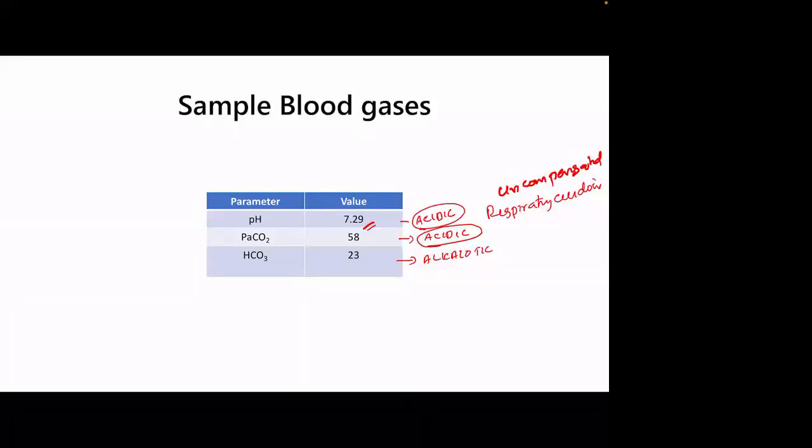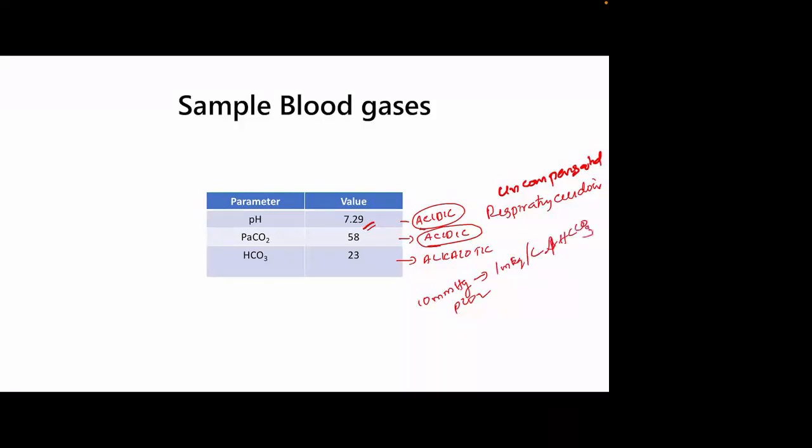So we can measure the compensation that has happened, because if it is an acute respiratory acidosis, for each 10 millimeter of mercury change in PCO2, there will be 1 milliequivalent per liter increase in bicarbonate.